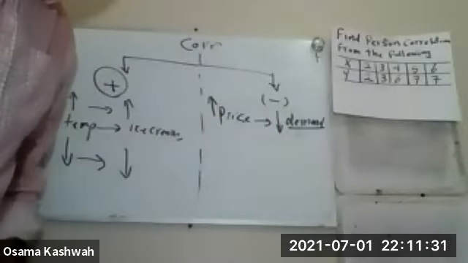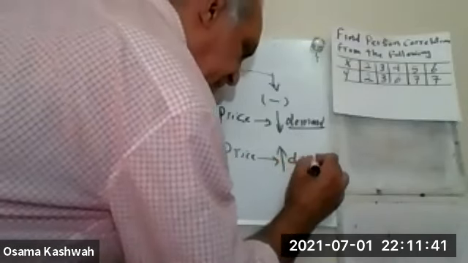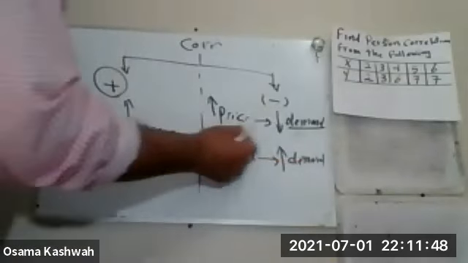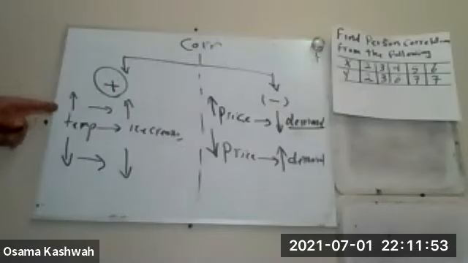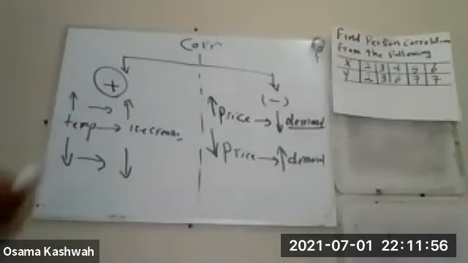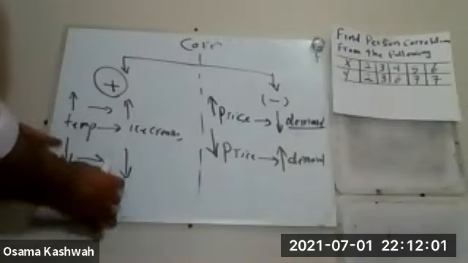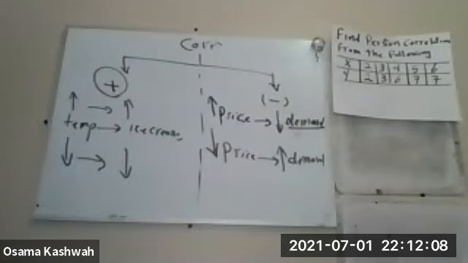And when the price goes down, the demand will increase. Look at the arrows: one up and one down is negative, but when both go up together or both go down together, we call it positive correlation. When one is up and one is down, it is a negative correlation.